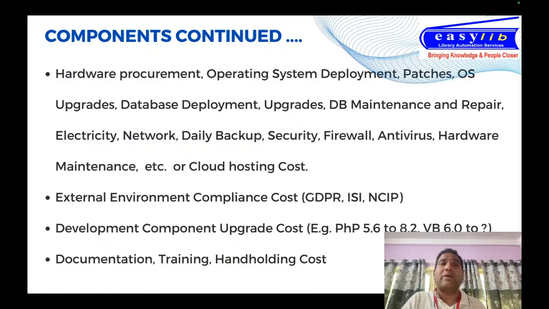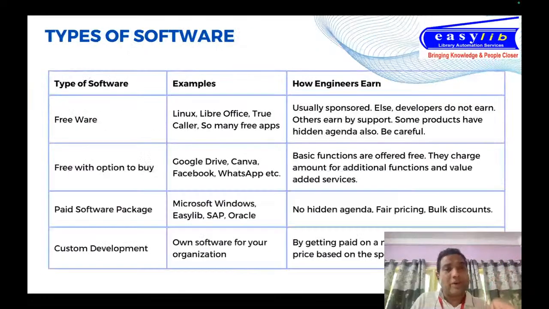Then apart from that, you have the documentation cost, training cost, hand-holding cost, wherein you make sure that your software is used by all your users well, right? So this is the hand-holding. So many items form components of the price that you pay for the software that you are buying, whether you are going with the paid software package or with the custom development, or a portion of the payment that you are going to make for the free software which has an option to buy.